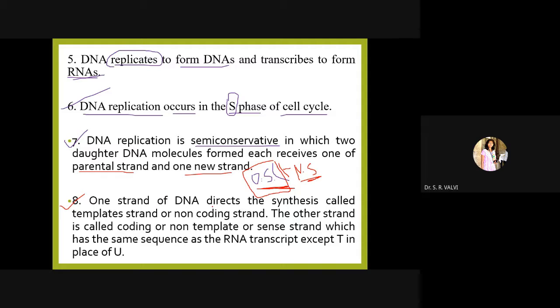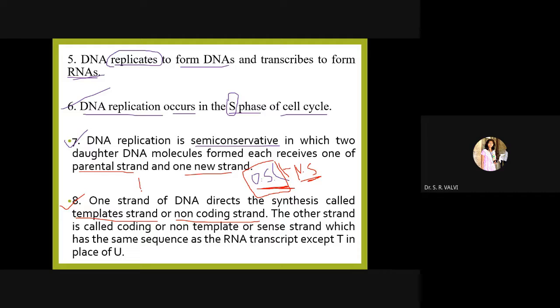One strand of DNA directs the synthesis, called the template strand or non-coding strand. The other strand is called the coding or non-template or sense strand, which has the same sequence as the RNA transcript except T in place of U, right? So one strand will act as what? Template strand or non-coding strand, and another is called as what?